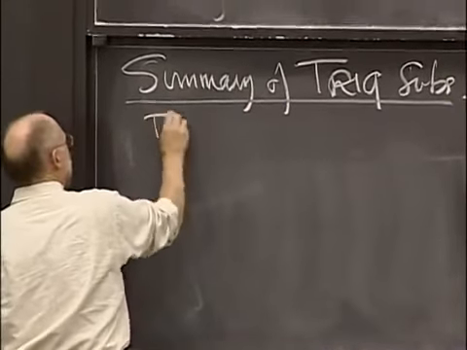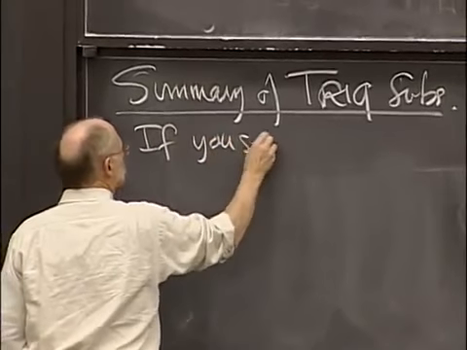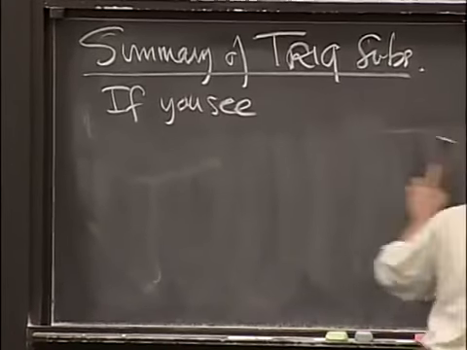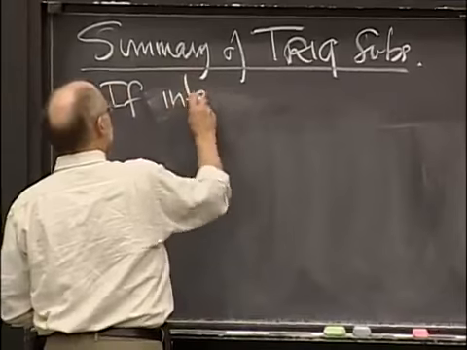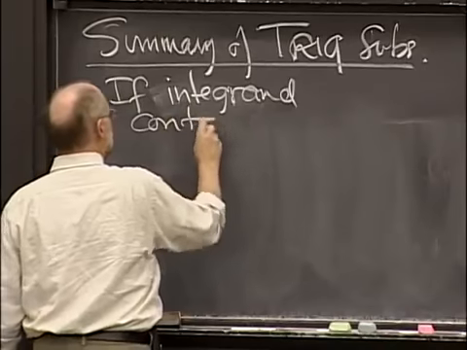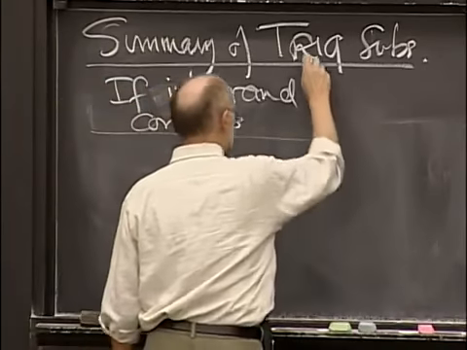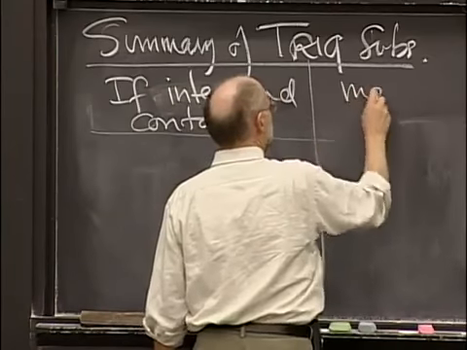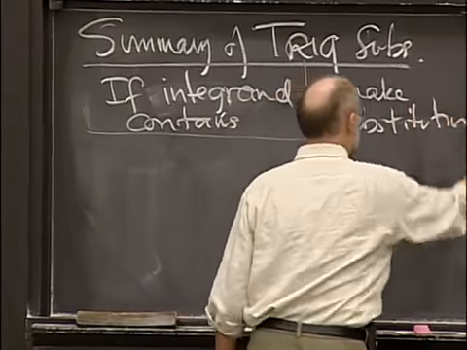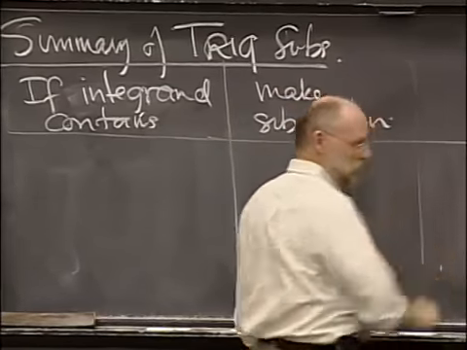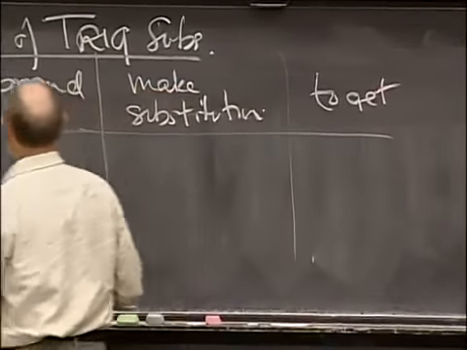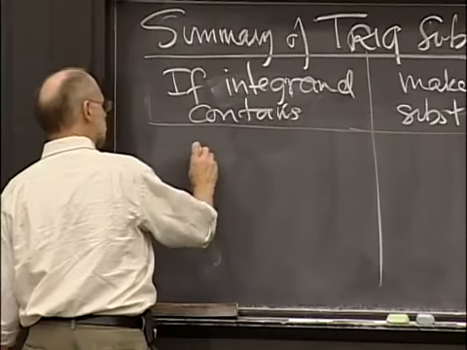So over here we have, if you see, so if your integrand contains, make the substitution to get. So if your integrand contains, I'll write these things out as square roots.